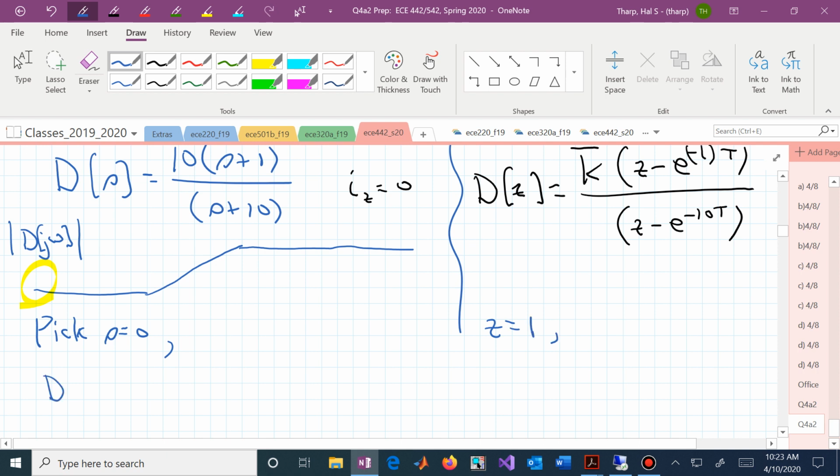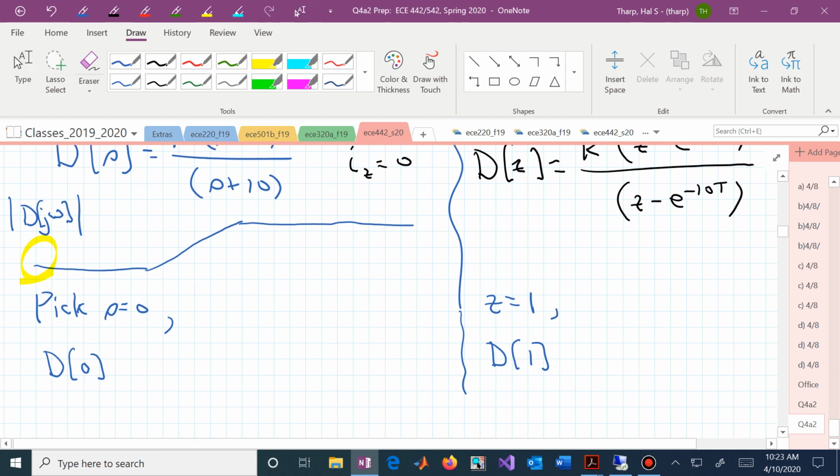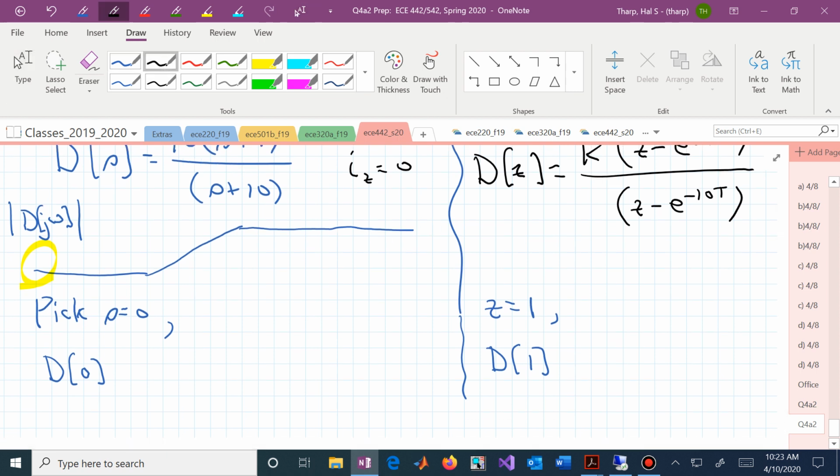So now you would have d of 0, and over here you would have d of 1, and you would match those. Or you could say, you know what, I like this behavior in my d of s, so let me now let s go off to infinity and match the gains there.